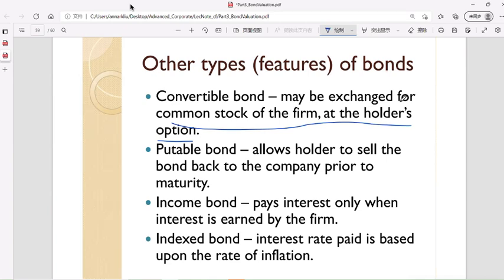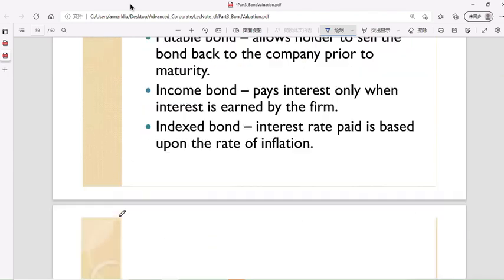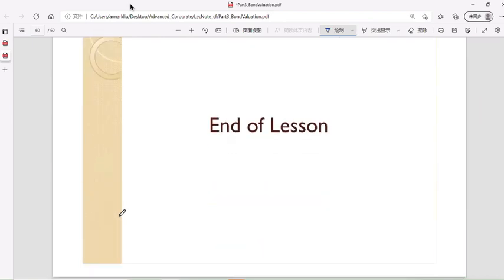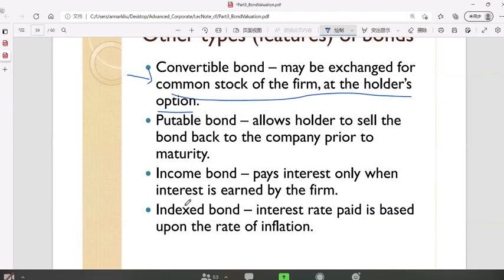So that's why you have callable bonds, puttable bonds, and convertibles. That's especially useful when the stock market is in boom. So that's when we have convertibles. Okay, so that's pretty much about bond pricing.